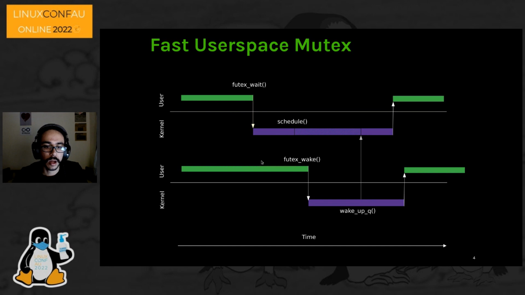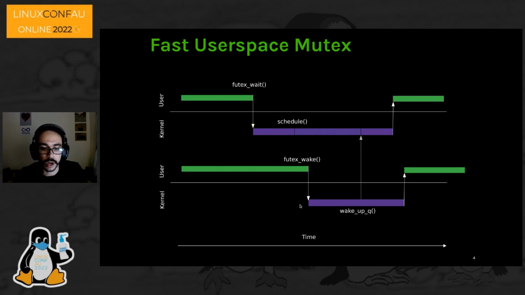In the meanwhile, let's say this user space thread finished the work, and after finishing, it wants to give the lock to someone else, and then user space does a futex call using the wake operation.